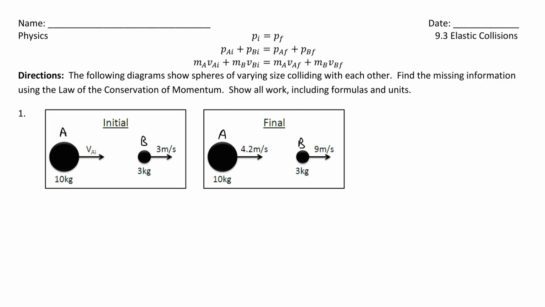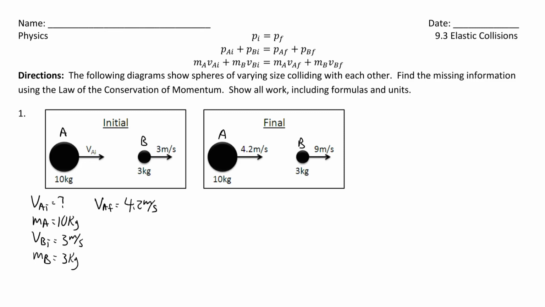So we don't know the initial velocity of ball A, but we do know the mass of A. It's 10 kilograms. And we know the initial velocity of B. It's 3 meters per second. And we know the mass of B is going to be 3 kilograms. Now, after the collision, the velocity of A, they tell you, is 4.2 meters per second.